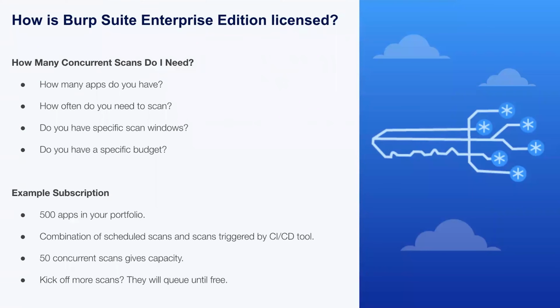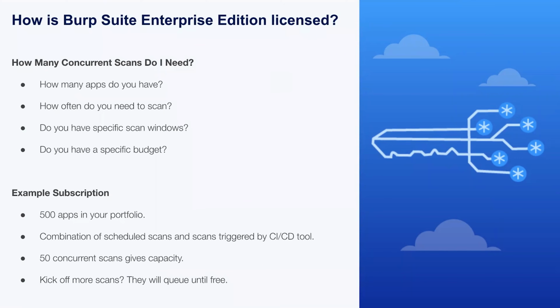But if we look at an example, say you have 500 applications across your organization. Some may be public-facing apps that have daily dev work, some may be internal apps that are stable and possibly only have work carried out every quarter. But whatever the combination, it's unlikely that you're going to need to be scanning all 500 every day.